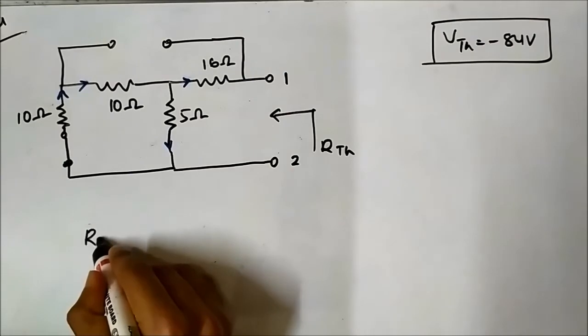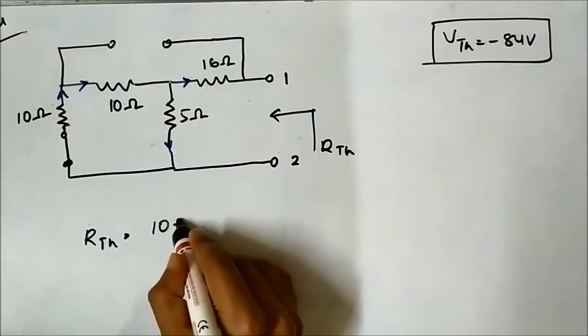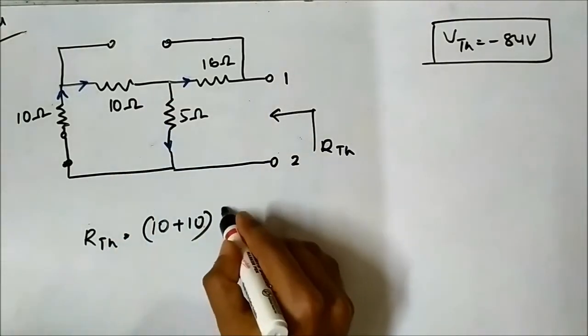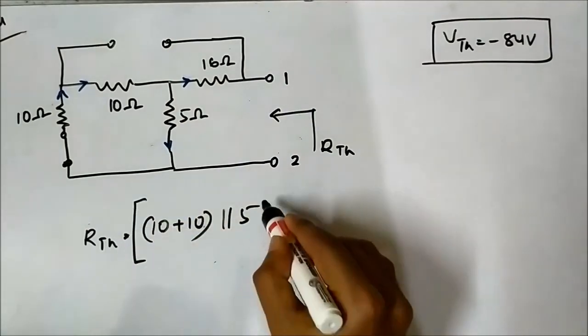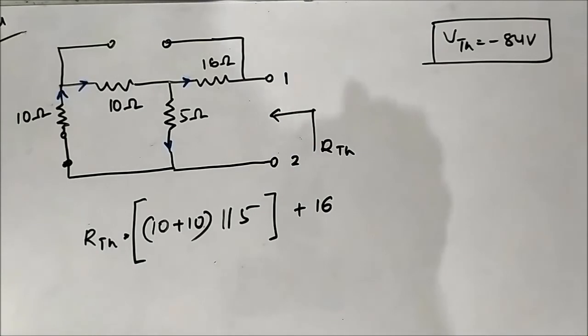So RTH is 10 plus 10 parallel 5, plus 16. This is the final expression.